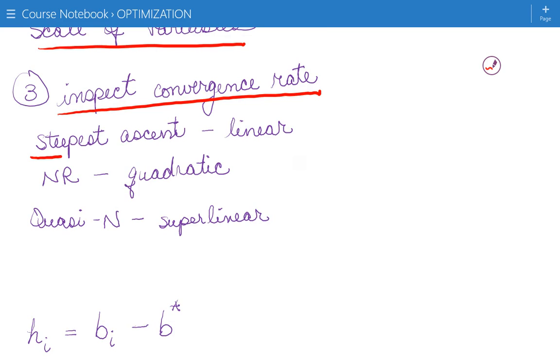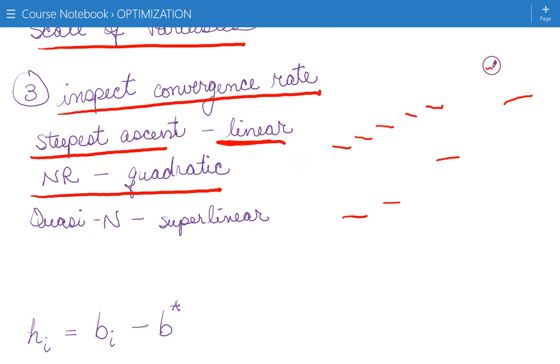Steepest descent converges linearly, so each step will just be a linear step. Newton-Raphson will be quadratic in its approach to the maximum, and the quasi-Newtons will be superlinear, which means they will be somewhere in between the two.